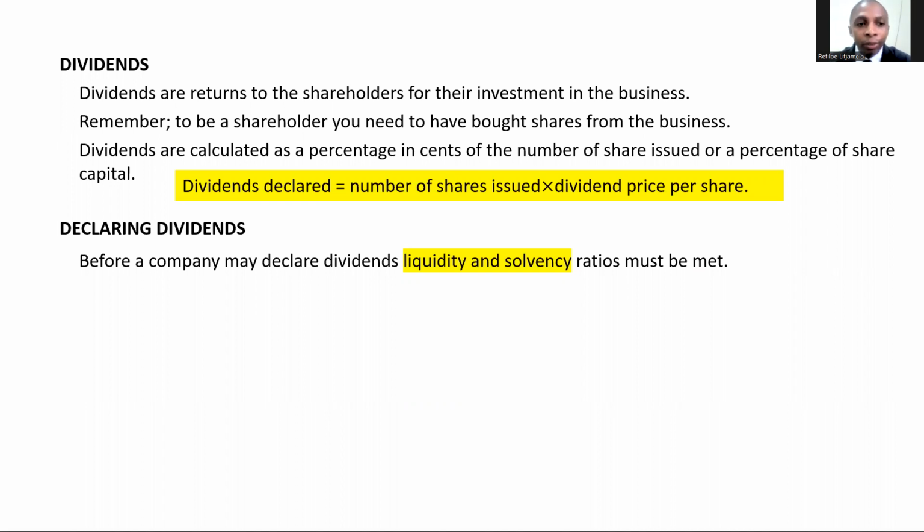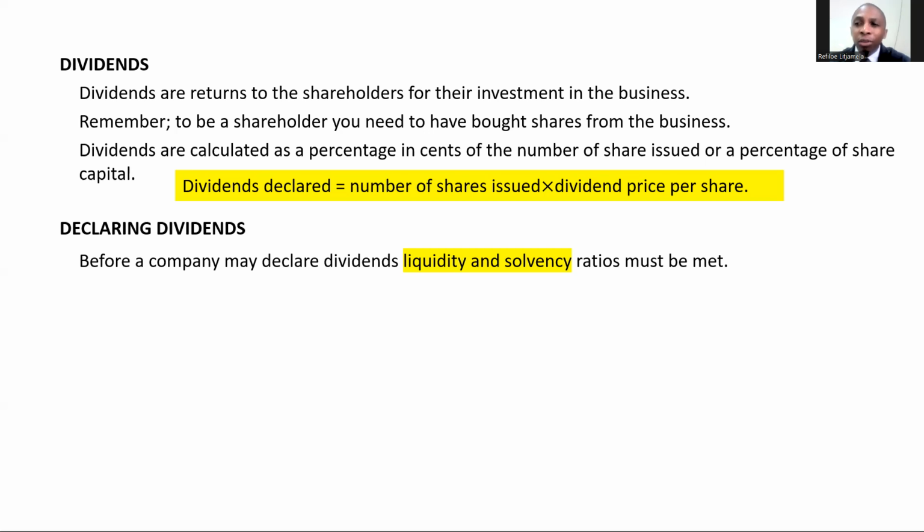Now, when declaring dividends, to declare something means that you are sort of creating a contract. Remember, a contract can be verbal or written. In most cases, when companies declare dividends, it's in writing. So you're promising the shareholders that you are going to pay them dividends, either at that moment in time or later on.